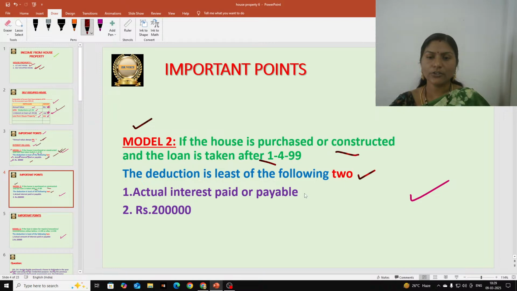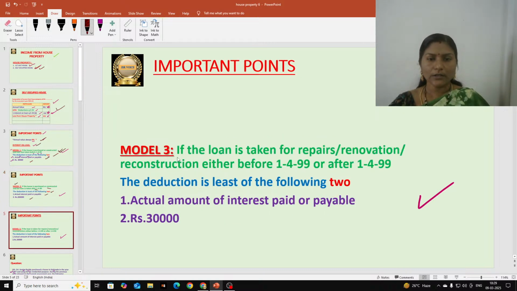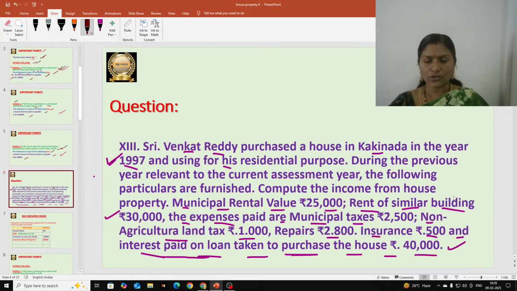Deduction is least of the two, and what are those two, these two. And third one, when we should take model 3, that is only for renovation, reconstruction and repairs, either before 1-4-99 or after 1-4-99, and least of the following two is the deduction, and those two are this.